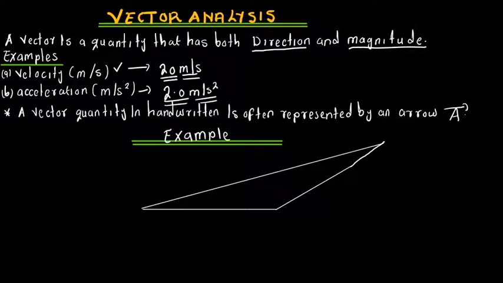Another good example that I can give as an example of vectors is simply the force, because we know that force is measured in newtons, and the newton can be broken down into its particular SI units. So you can have 20 newtons, right, like that. This is simply the magnitude and the direction.